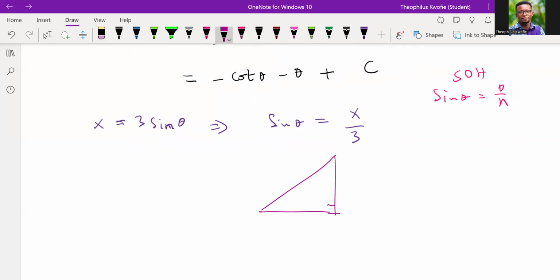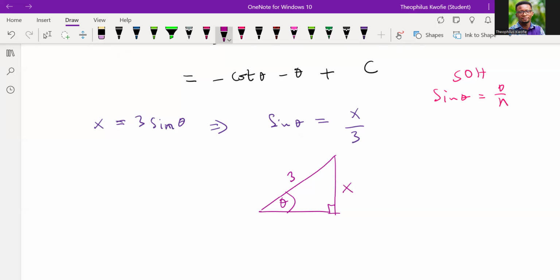Our hypotenuse is 3, and our opposite, if this is our angle, will be x. In which case we will need the base. How do you find the base?